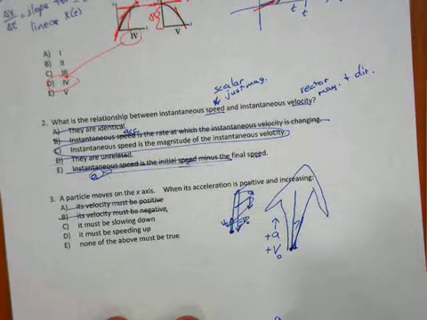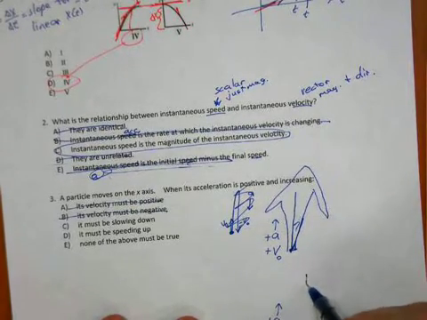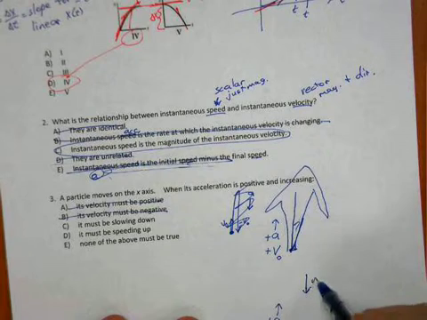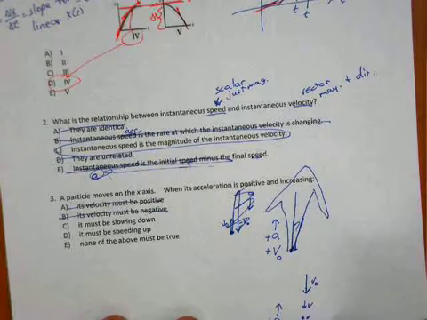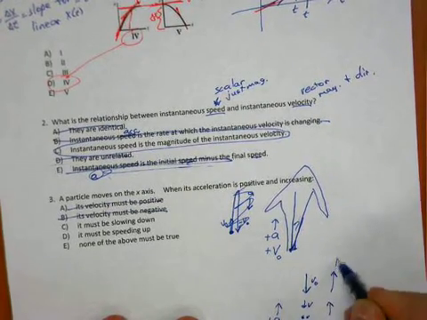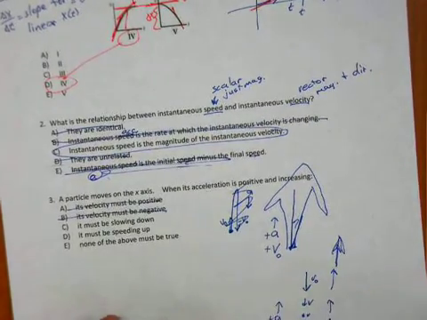Well, if your acceleration is positive and your initial velocity is negative, what you're going to have is this v0 that gets smaller and smaller until v equals 0. Then it's going to come back and start getting larger and larger and larger.